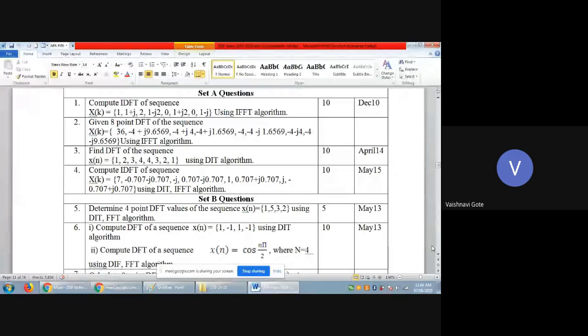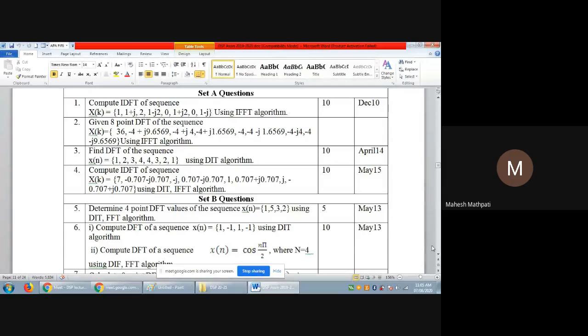Yes, sir. Because X of k is given, remember this. Just remember one thing: if X of k is given and you are asked to perform IFFT or FFT, then you have to use a DIFFT algorithm. If x of n is given, then you have to go for a DIT algorithm. Otherwise, suppose X of k is given, but he is asking you to perform with DIT.